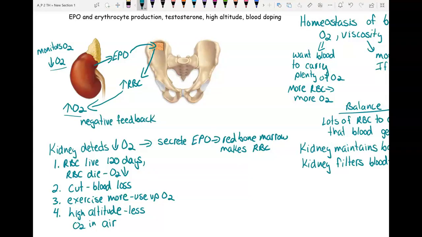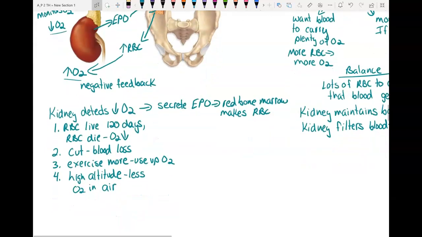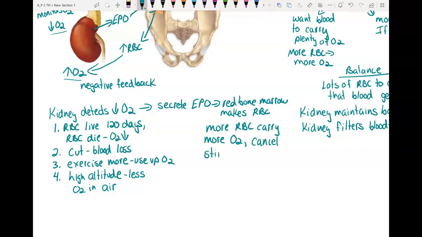And so the EPO level goes down, you stop making red blood cells, and you're at homeostasis until the next time your oxygen drops. This way, you always have enough red blood cells to carry enough oxygen for you, but not too many that you make your blood too thick and then it won't flow.